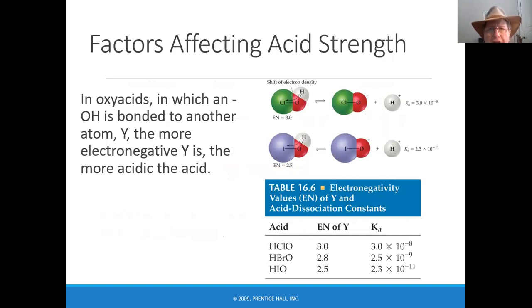If there is an oxygen between your element and the hydrogen, the element that is more electronegative makes a stronger acid. It's exactly opposite from the binary acids. Binary acids: the weaker the electronegativity, the stronger the acid. Oxyacids: the stronger the electronegativity, the stronger the acid.